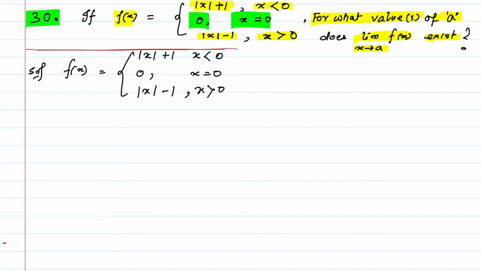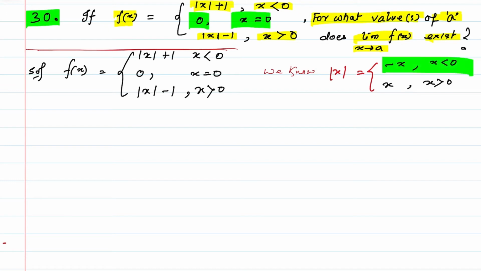We also know that mod of x is equal to minus x for x less than 0, and it is plus x for x greater than 0. We have got these two cases, one is this one, another is this one.